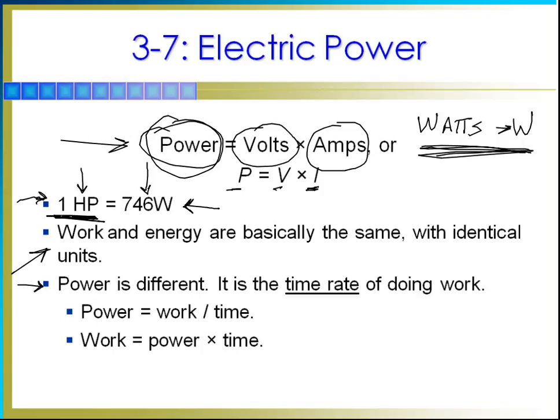So work, as in joules, small w, power is the time rate, or work energy output per second. So power equals work over time. Or work is power output times the amount of time you're putting out that power, which will come in handy in a minute.